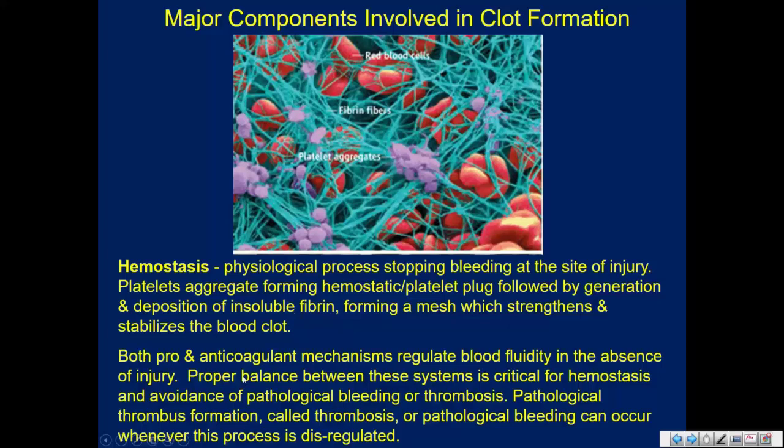Recall, we have both naturally occurring or endogenous anticoagulant and procoagulant systems in our bloodstream to maintain fluidity when fluidity is necessary, and clot formation when clot formation is necessary. It's a delicate balance, right?